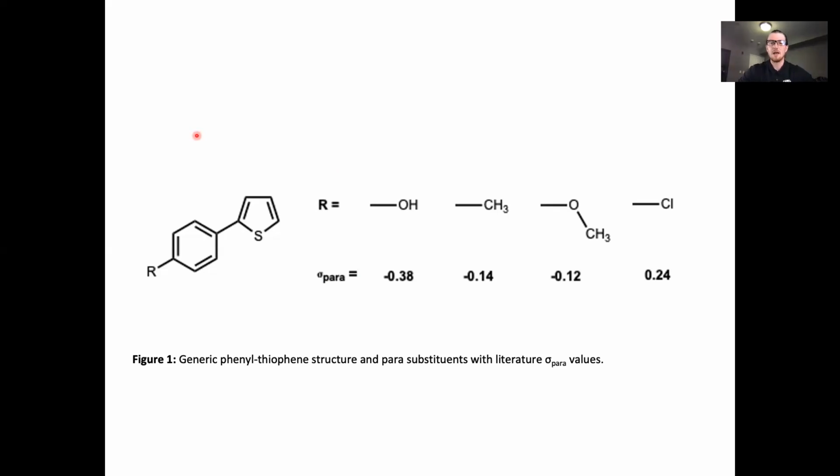My apologies. These sigma para values show us the free energy relationships in the sigma bonds that are being formed. And we anticipate a negative slope extracted from the math that we get on performing the Hammett analysis.